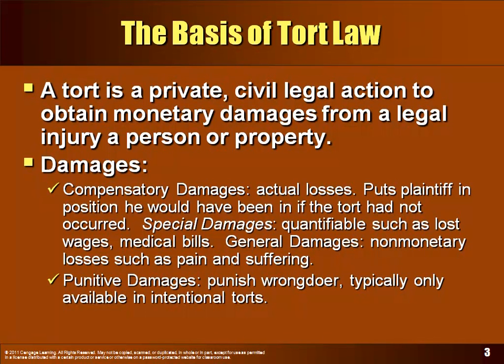So I come over and I just punch you right in the face. Right? What would be your actual losses? It could be teeth, right? Nose broke. You know, those are things that happen to you. But money damages wise, what are you looking for? Medical bills, right? You have to go to the hospital.